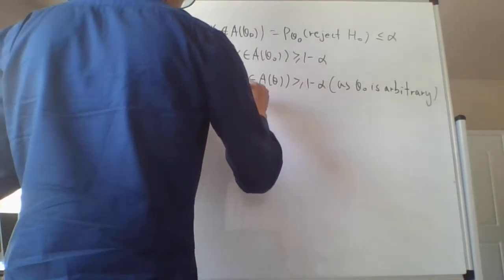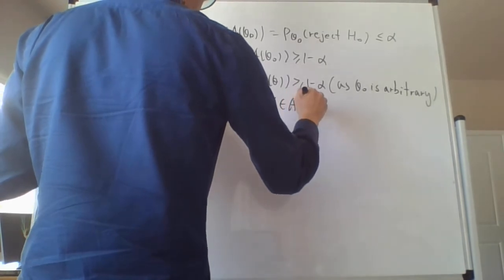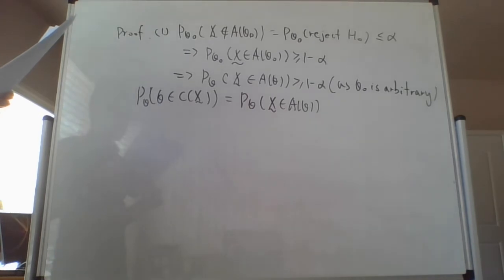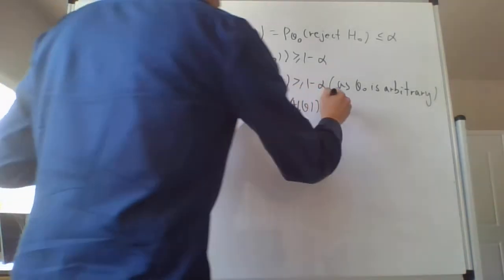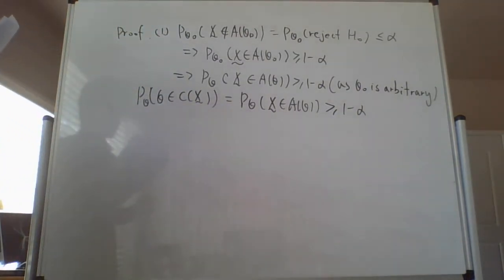This is equal to the probability that x belongs to A(theta), which is greater than or equal to 1 minus alpha. So by the definition of a 1 minus alpha confidence set, C(x) is the 1 minus alpha confidence set.